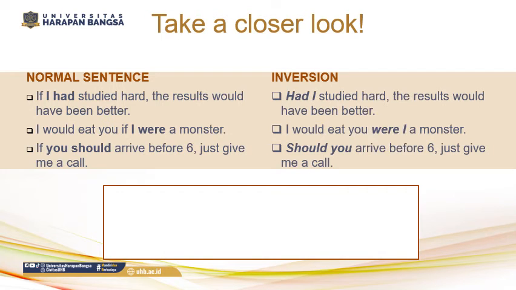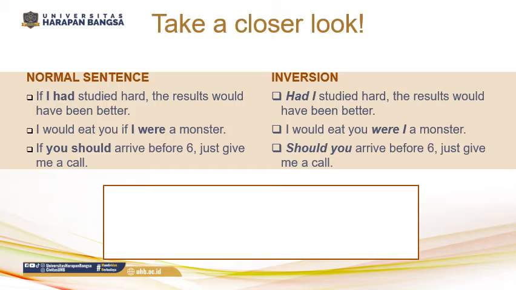Now, let's take a look at the inversions. You still remember inversions, ya? Inversion means inverting the position from subject and verb into verb subject. Jadi inversi adalah membalik susunannya ya, dari subjek diikuti verb menjadi verb diikuti oleh subjek.